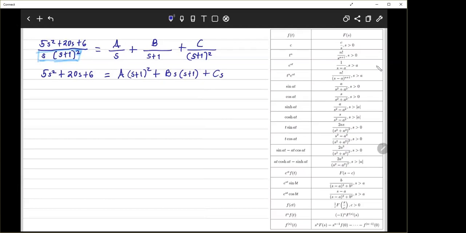So, ayan. Now, how do we find the values of a, b, and c? So, meron tayong two techniques. One technique is to compare the coefficients.